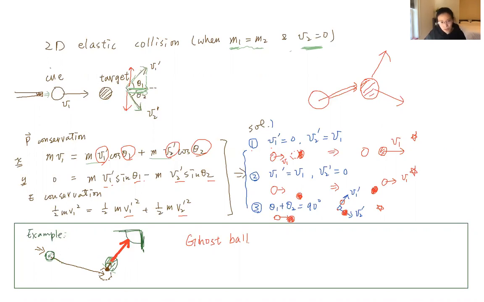So when the cue ball comes in, your target will go in this direction, and your cue ball will go in this direction. Let me use another color. Your cue ball will go in this direction, so this is perpendicular. So that's your cue ball, that's your target. This technique is called ghost ball, and you will try this out on a simulation in the lab.